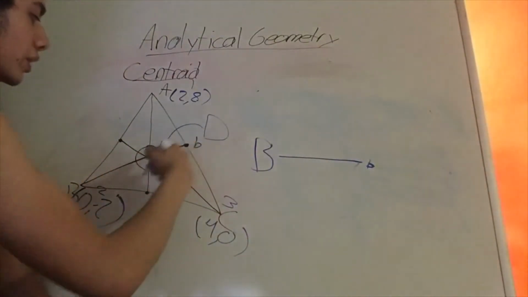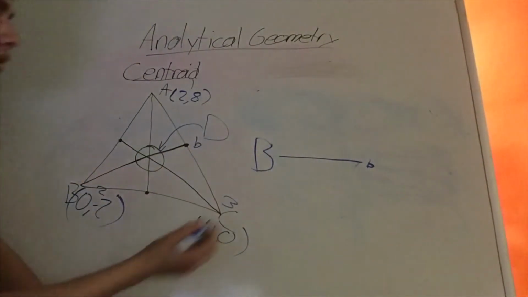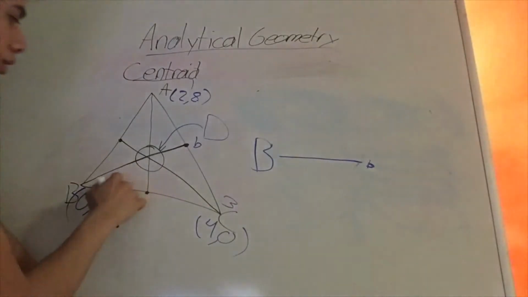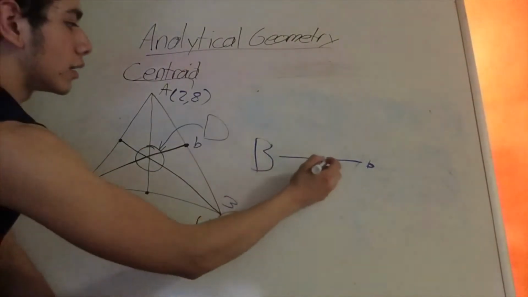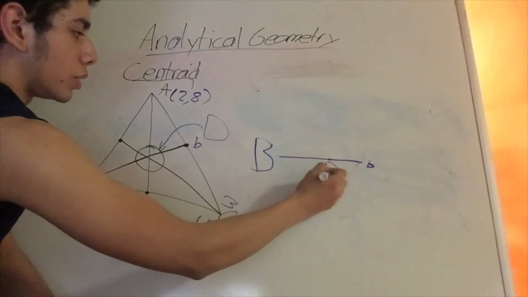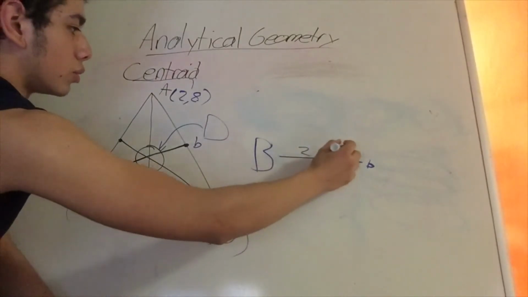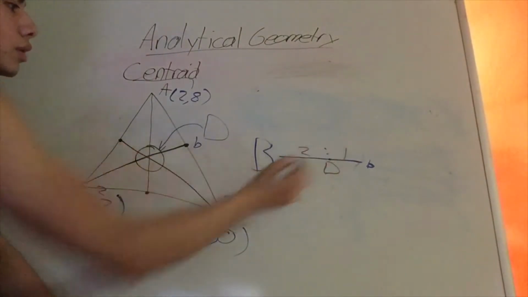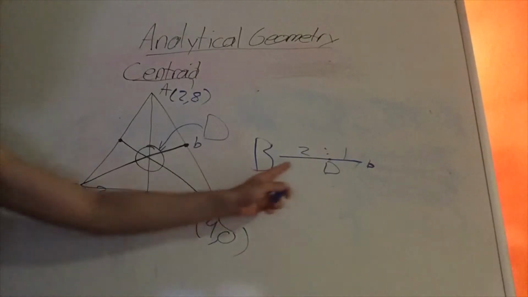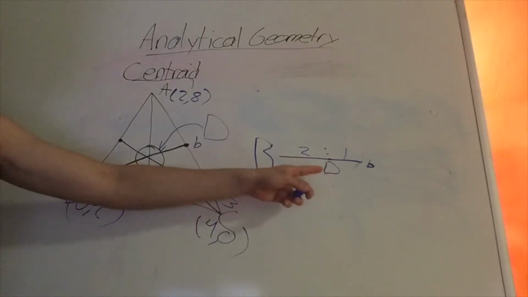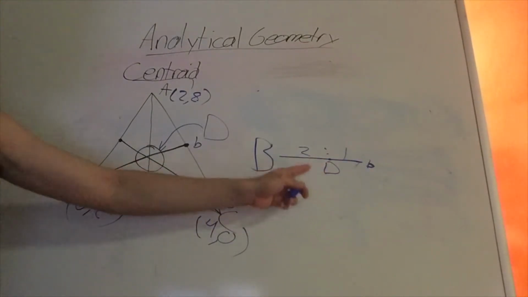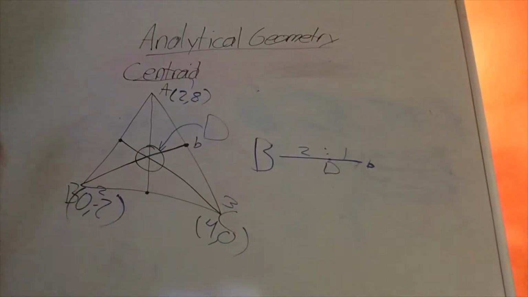And somewhere here, well, 2/3 of the way, as indicated, D would be here, and this would be a 2 to 1 ratio. So if you look at the graph, it's always going to be a 2 to 1 ratio, with the centroid of the triangle being 2/3 of the way along the median.